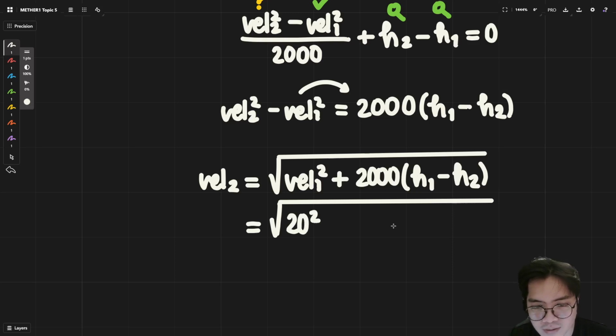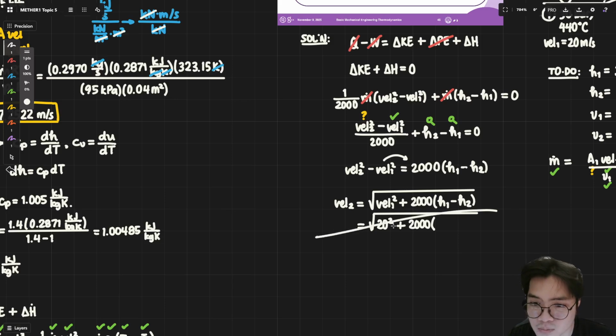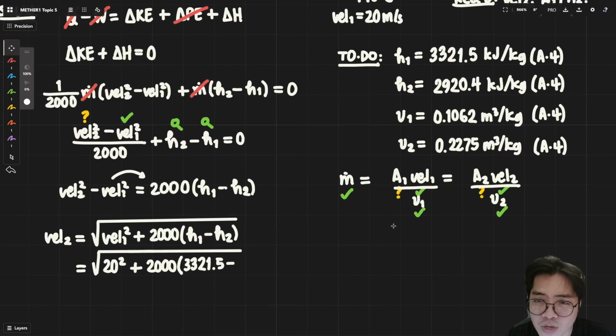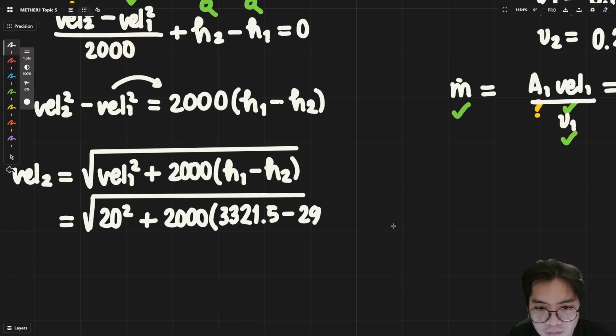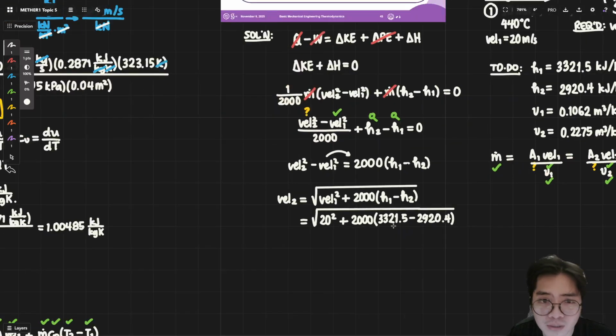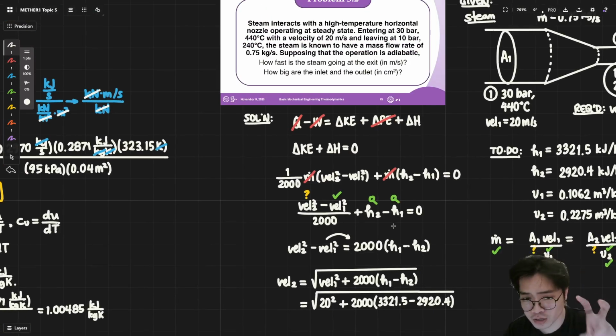20 squared plus 2000 times your h1. What was your h1? Our h1 is 3321.5 minus your h2, which is 2920.4. Notice that I am not bothering with the units, because we have already taken care of the units, quote unquote.